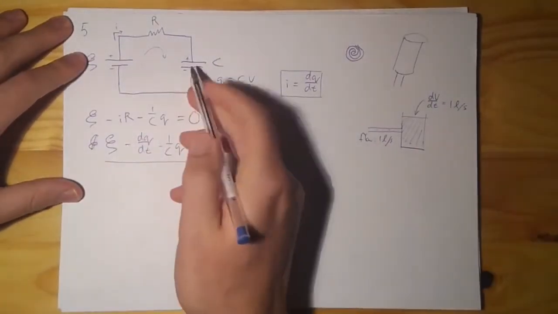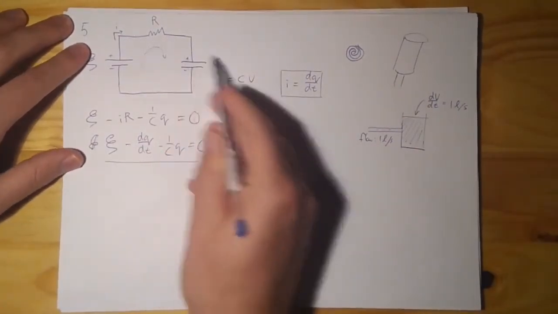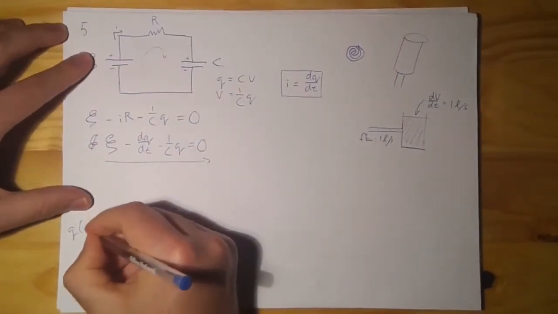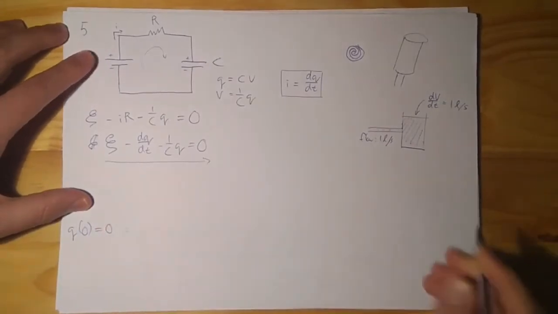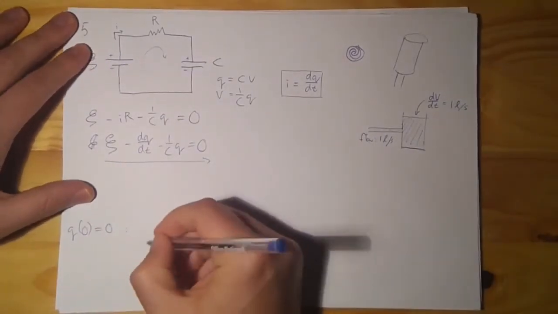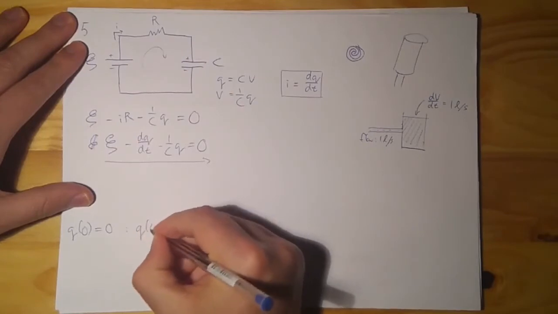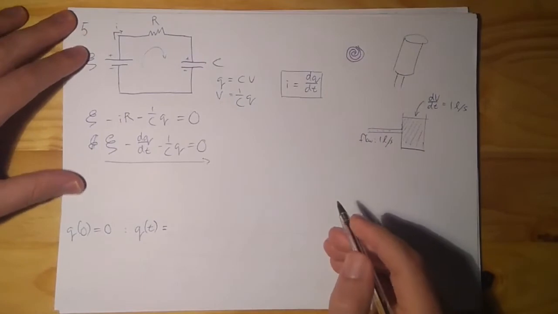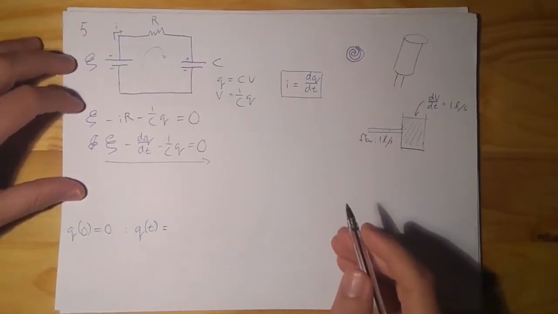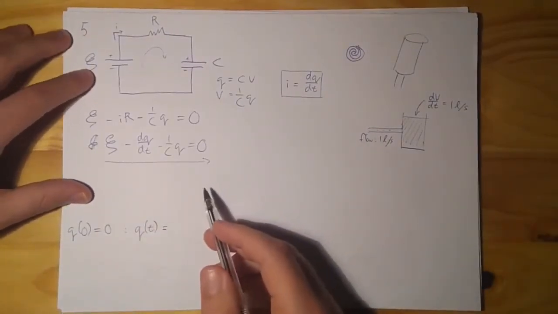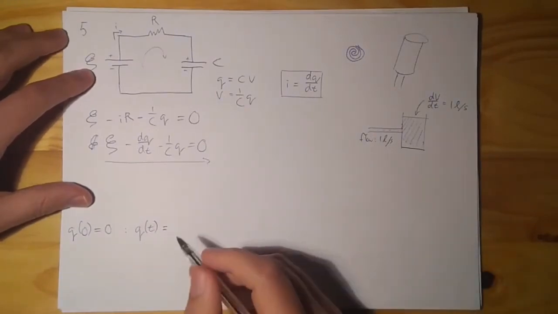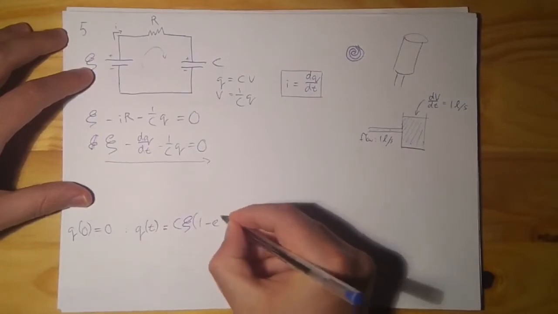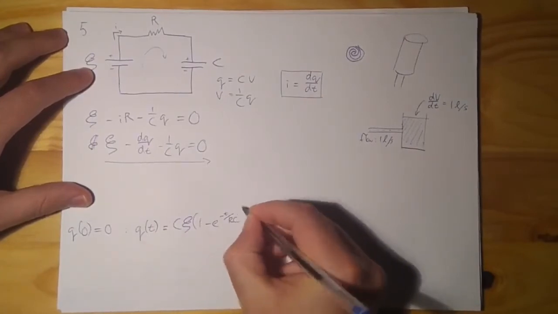If you assume that the capacitor is initially neutral, has no charge at t=0, in other words that Q0 is 0, then you should be able to derive this. It's a pretty standard thing, so it's probably done as a simple example in your differential equation textbook anyway. This should give you Q = Cξ(1 - e^(-t/RC)).